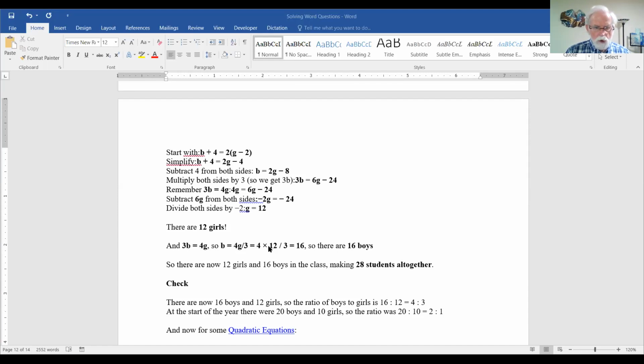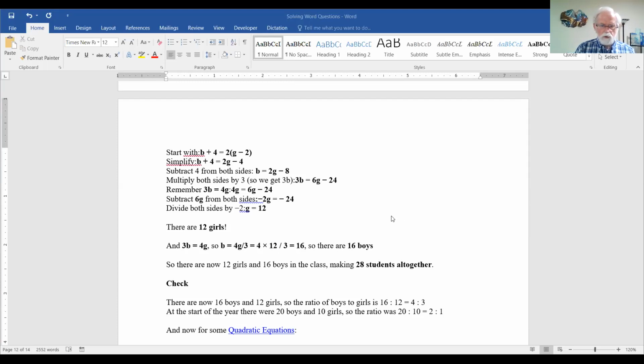So we have 4 times 12 over 3. Again, PEMDAS says you can do multiplication and division sequentially, starting from the left to the right. So 4 times 12 is 48. Divide that by 3, we get 16. So there are 16 boys.